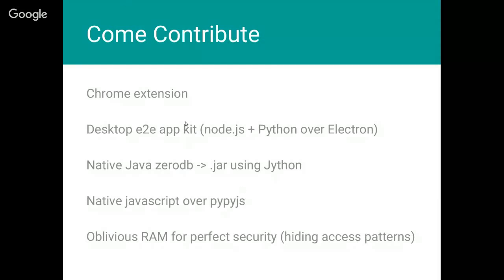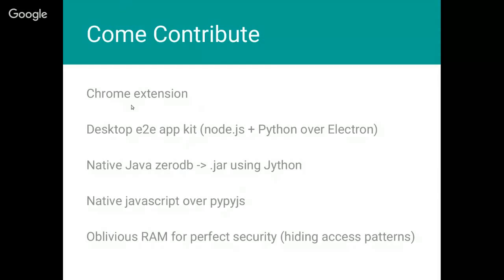So one thought is that it's actually not very hard to get ZeroDB working in Chrome browser. The thing is that Google has this Native Client technology which allows you to run native code in the browser, and Python was ported to Google Chrome this way.